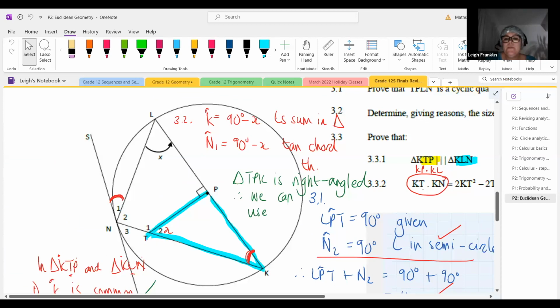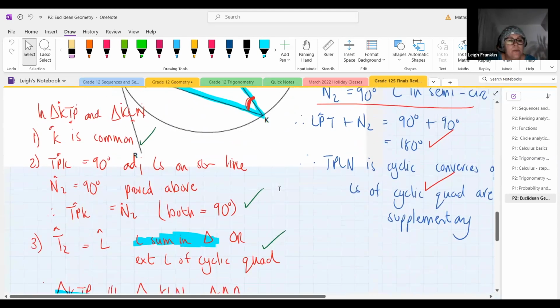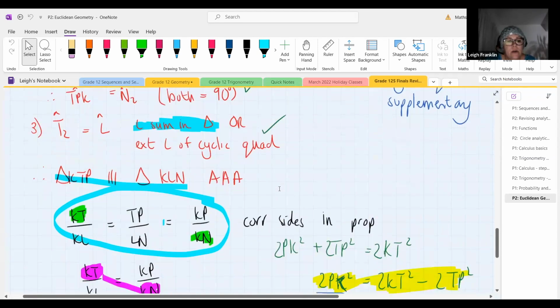Okay, so we proved the triangle KTP and triangle KLN were similar to one another in question 3.1, right?